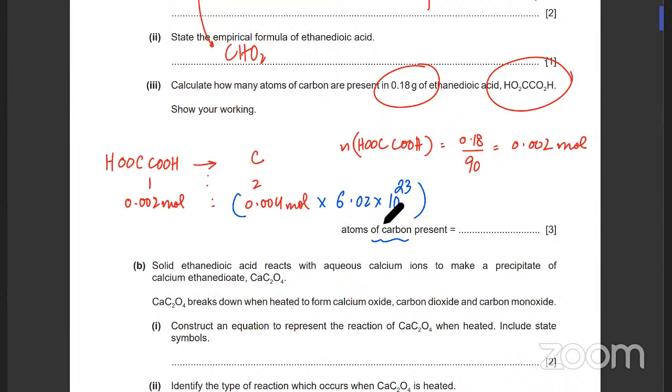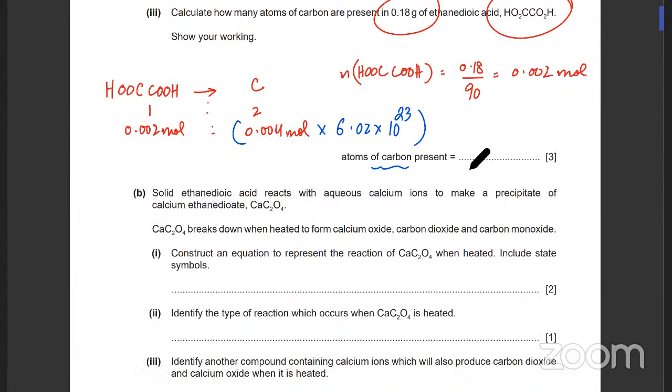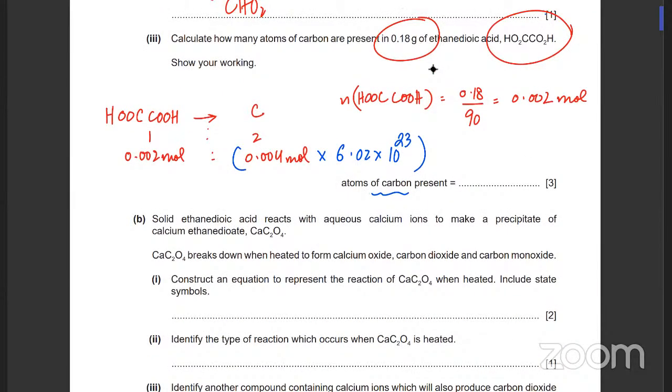So what do we get for that? It shouldn't be 2 times 10 power minus 3. Remember your accuracy. This is 2 significant figures. At least give a 2 significant figure accurate answer. So it's going to be 2.4. I think 2.4 would be sufficient.